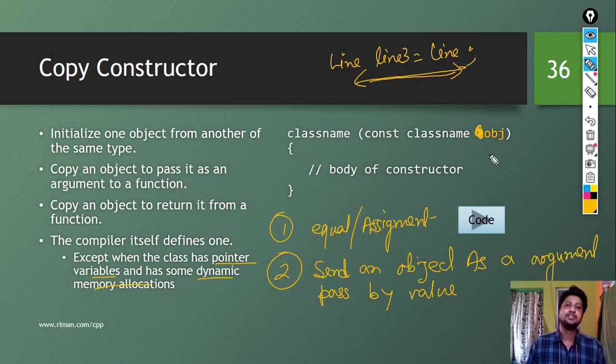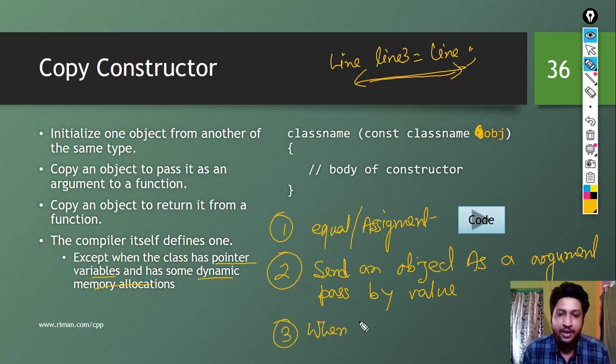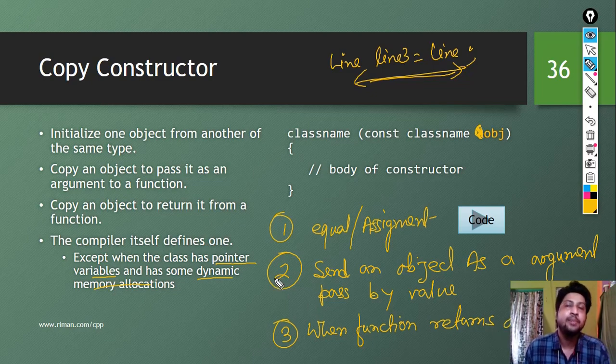In this situation, the compiler provides us this copy constructor. And number three, when a function returns an object. When a particular function returns an object, that object needs to be copied to a variable in the calling function. In that situation also, the copy constructor is used. So in these three situations, the copy constructor is used by the compiler.